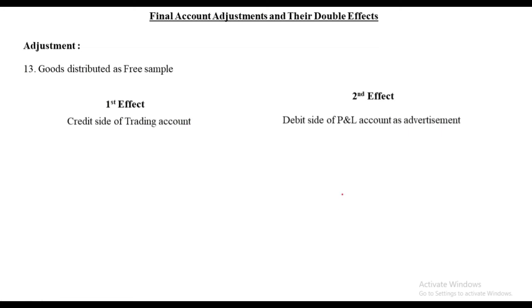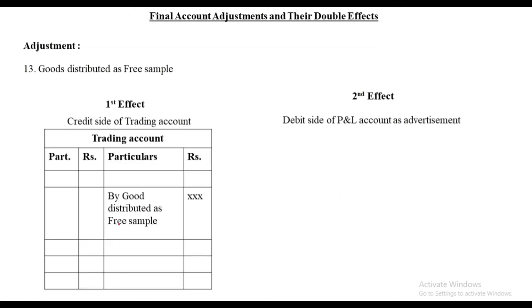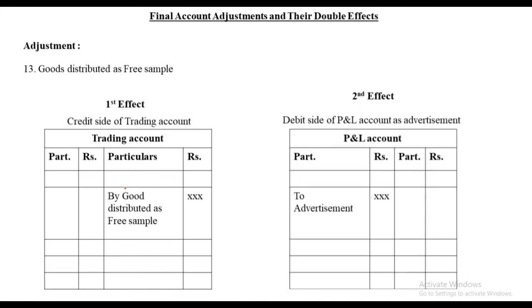So on the credit side of the trading account you will write by goods distributed as free sample, and on your P&L debit side you will write it as to advertisement.